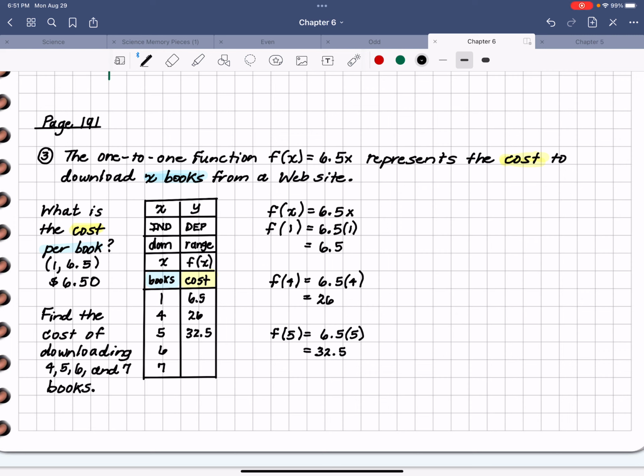I was going to try to graph this, but that graph would be enormous. We'll try though. Okay, and then we have f of 6 is 6.5 times 6, and that's going to be $39. And then finally, f of 7 is 6.5 times 7, and that equals $45.50.